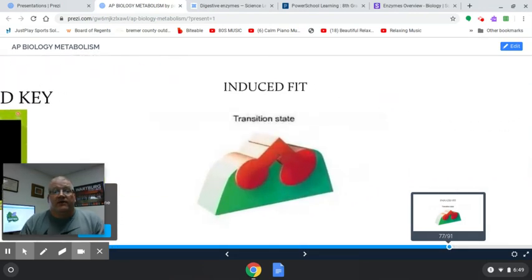Here's another little picture of the induced fit, referred to as the transition state. Okay? And there's a physical twisting there. There's a physical pressure there that causes that to be unstable and causes it then to need to change.